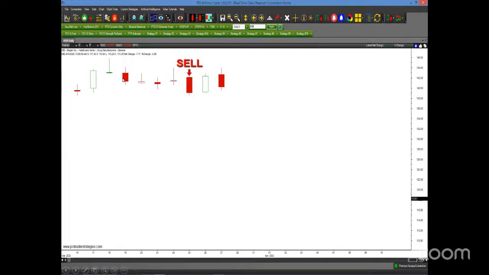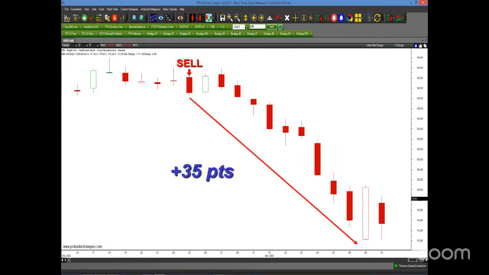Remember, it doesn't matter what the bars were before or after. All that matters is the bar below the arrow. So that's enough to tell us that there's no support here. Most likely, this is going to head lower. So you can either sidestep buying this stock and stay on the sidelines, or if you're more aggressive, go short or buy some puts. It fell 35 points coming into last week or so.